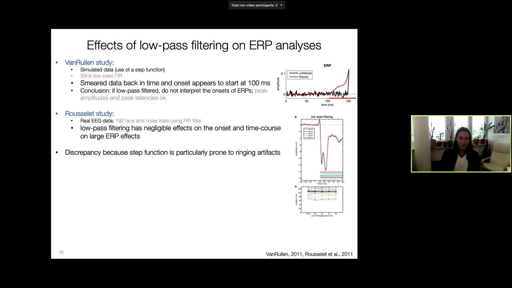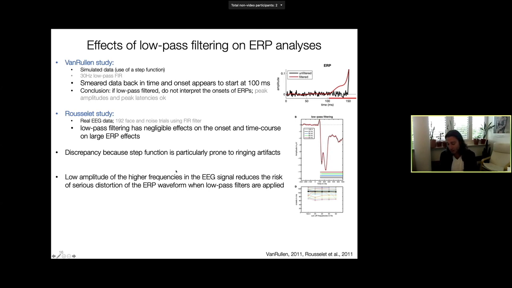Von Ruhlen simulated the data, and the simulation used a step function for the ERP component. Such step functions are particularly prone to ringing artifacts. However, Rousselet also mentioned that if the signal-to-noise ratio is lower, low-pass filter distortions might have more influence. But the fact that higher frequencies have low amplitudes, remember the 1/f power spectrum, reduces the risk of serious distortions of the ERP form.